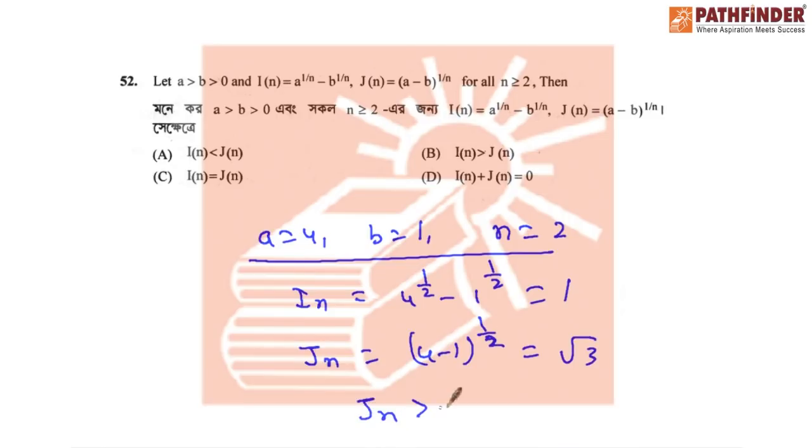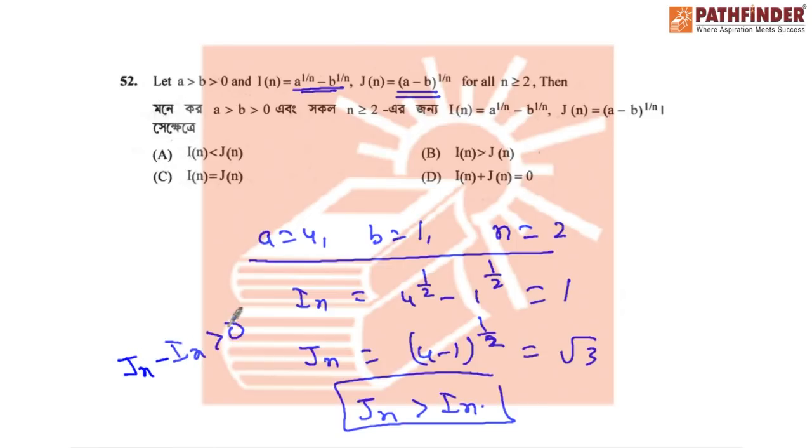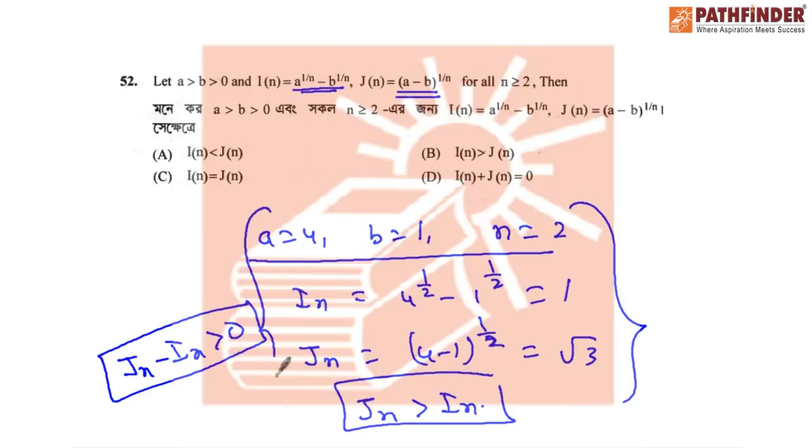So Jn is more than In. Otherwise we can do the binomial expansion of this, and subtract from this, and then we can finally prove that Jn minus In is always positive. But in the examination hall it's quite easier to check the value and then get the answer.